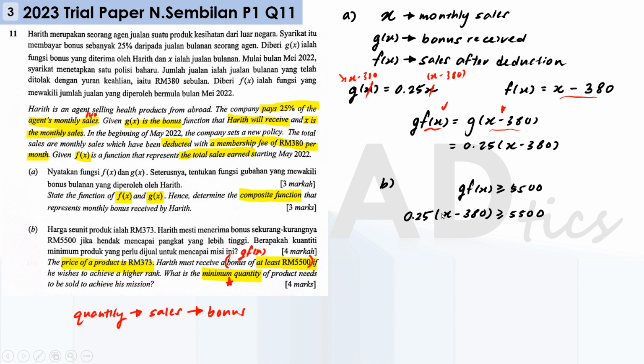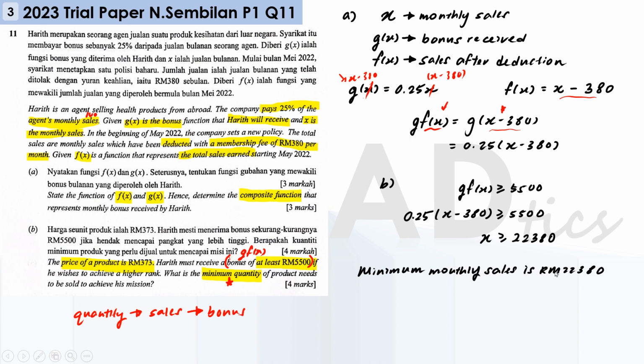Reason is because we can find this value of x, which is actually the monthly sales that Harif made in that month. Let's rearrange this equation a bit, and you'll find that x is this amount. So this means the minimum monthly sales that Harif needs to do is this amount, 2.2k.